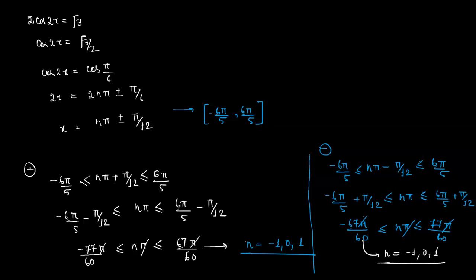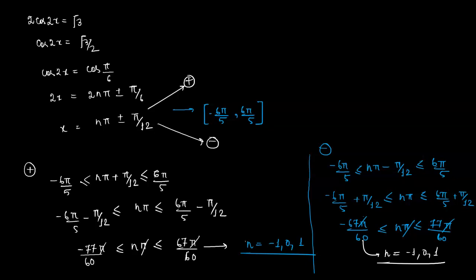Okay. So don't be confused since the values are same in both the cases, but we have considered the general solution separately. We have taken one positive sign and we have taken one negative sign. So we will have six solutions for this trigonometric equation, since cos has a positive value for theta and minus theta.